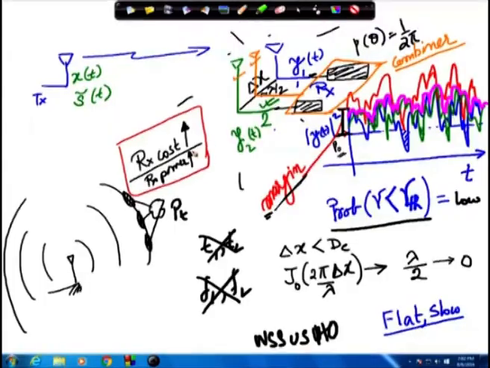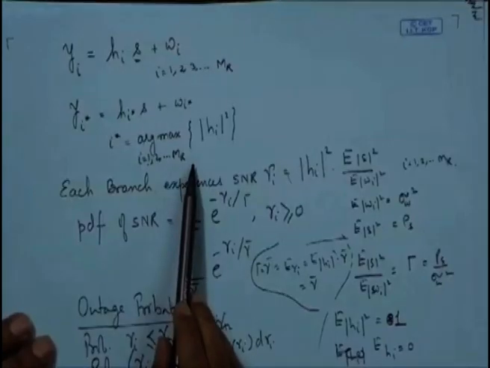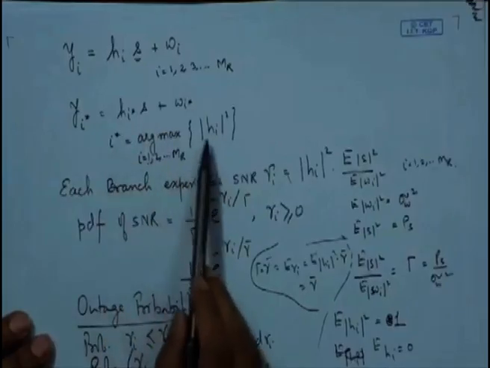Of course, that is true, but in selection combining, if we measure the branches and use only one of them, we could reduce the complexity, have a simpler receiver architecture, and the cost rise may not be that high. But the problem here is that you have to constantly measure the received signal strength, as given in this expression.